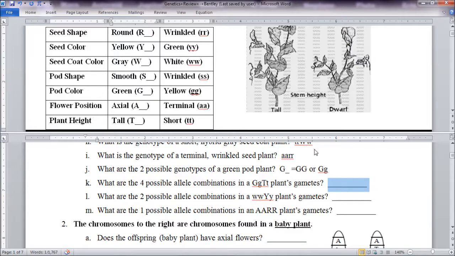If you remember, whenever you make your sex cells, you cut your genetic information by half. So this plant, in one of its sperm cells or egg cells, could make a big G, but it couldn't put a second G in that gamete because it's going to pass on only one of each gene. So big G and say maybe big T.